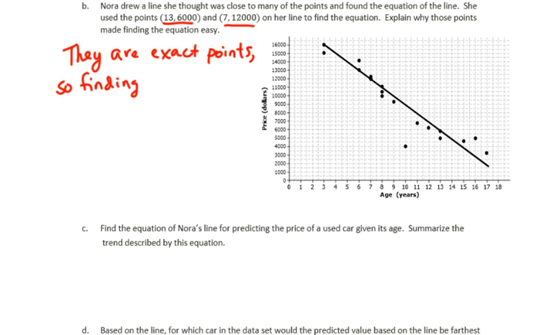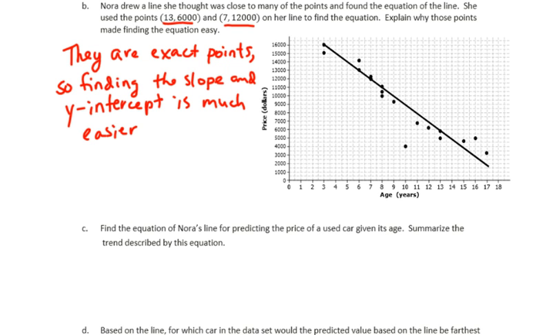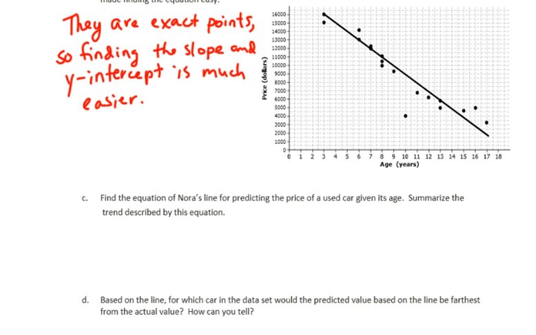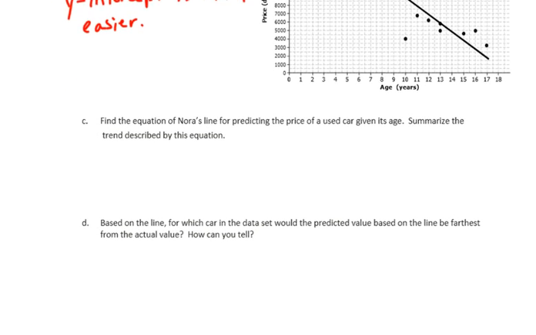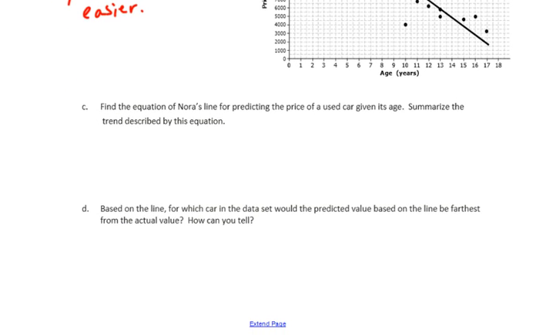So finding the slope and y-intercept is much easier. So if I have 2 points, it's easier to find the slope and y-intercept because they're exact values. So part C pretty much explains how we do that.